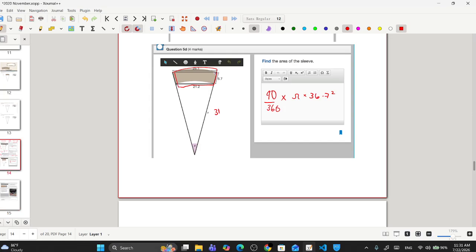So I can write this as 40 over 360 multiplied by pi multiplied by 36.7 whole squared on my calculator, and I get an answer of 470. But I have to subtract from this value, this region. So I'll subtract this one, minus 40 over 360 multiplied by pi multiplied by 31 squared.